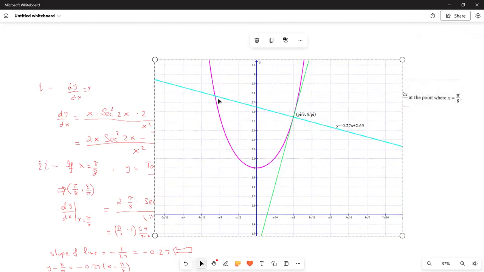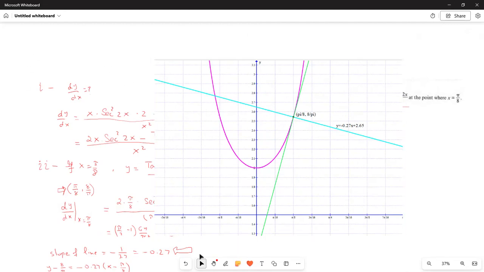You see, this purple curve, this is the equation of our thing. This is the equation of y equals tangent 2x over x, right? This is that curve. And this is the point which is pi by 8 and 8 by pi. So we are asked to find the equation of the normal which is passing through this point.